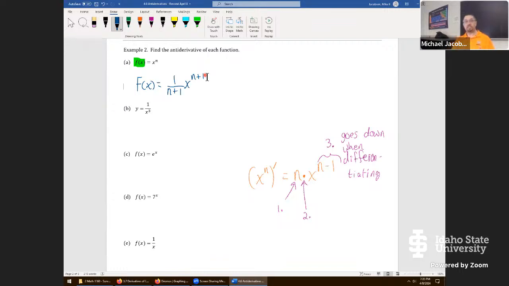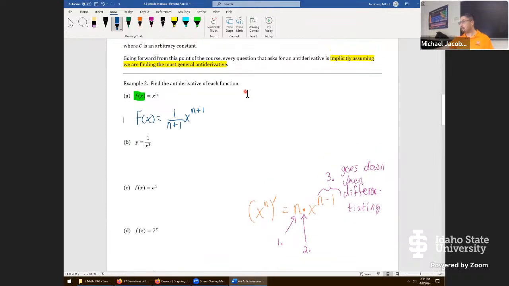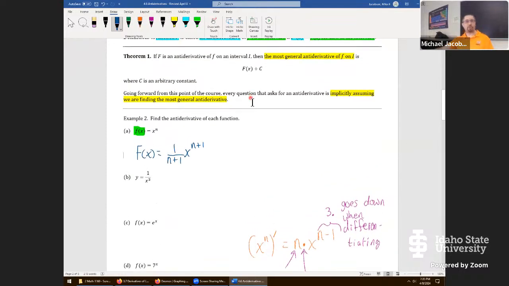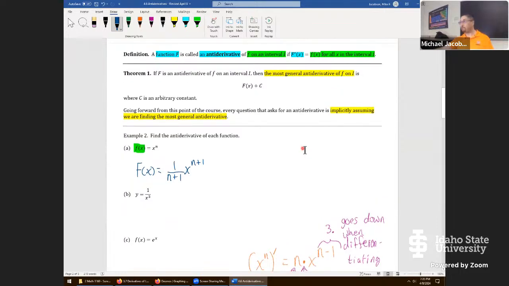And there's in fact one additional thing we have to throw on here. We scrolled through theorem one a little bit fast. It's a reminder that when we're finding an antiderivative, we throw in the plus C right here to get the most general antiderivative. C is going to be the arbitrary constant.